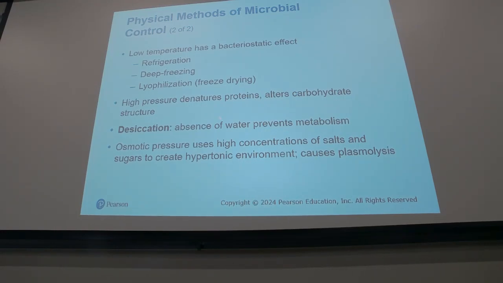And then desiccation. It is used to remove water from the microorganism. And remember, without water, in general, any cell's metabolism drops. So desiccation is one method. How do we desiccate?